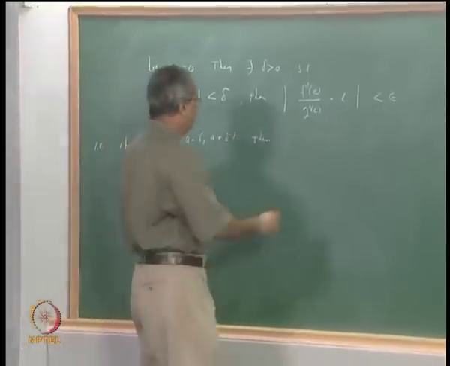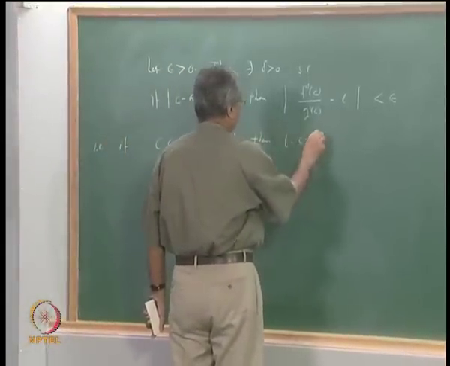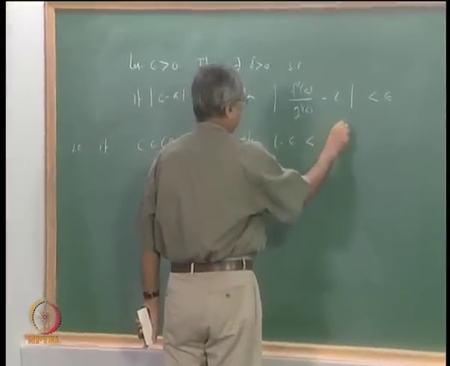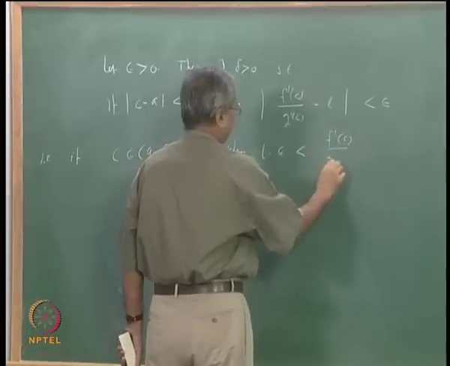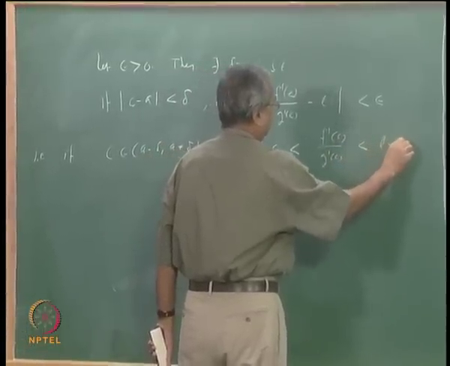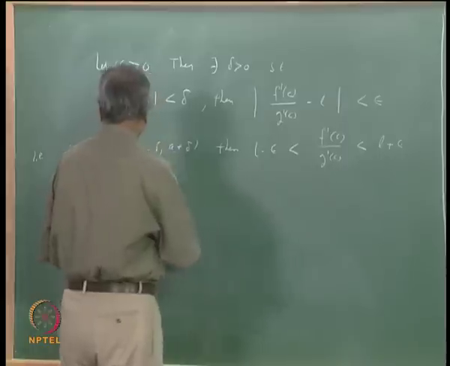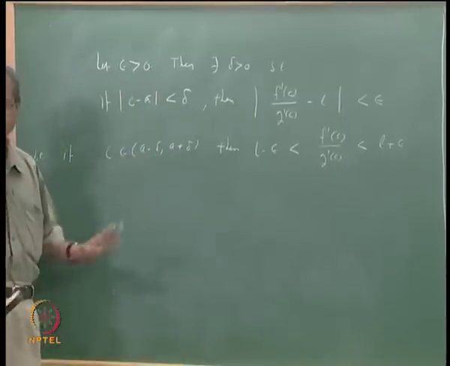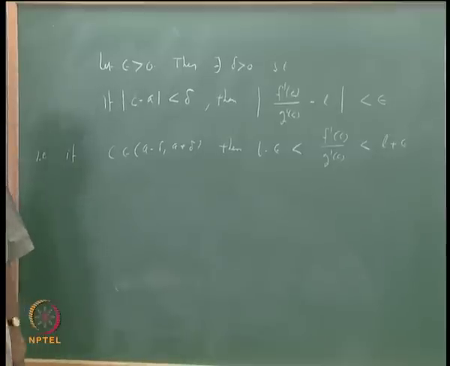Then L minus epsilon less than f prime C by G prime C, this is less than L plus epsilon. And this should happen for all C in a minus delta to a plus delta.